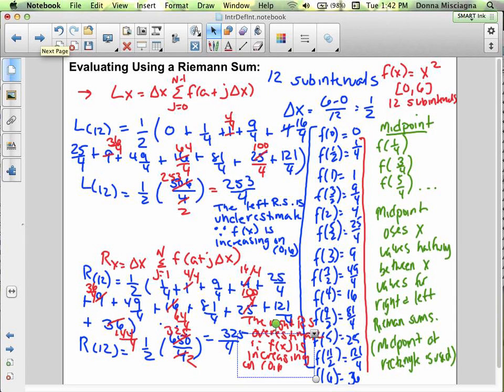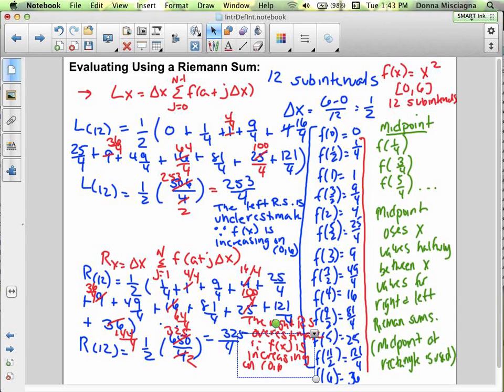For the midpoint Riemann sum, we would just use the halfway points in between the left and the right hand values. So f of 0 was the first value for the left Riemann sum. F of 1/2 was the first value for the right Riemann sum. Halfway in between that would be f of 1/4.